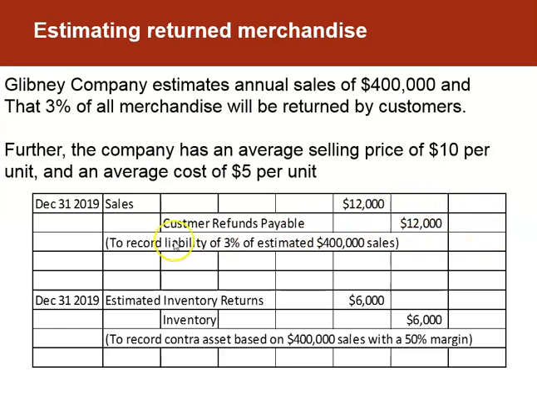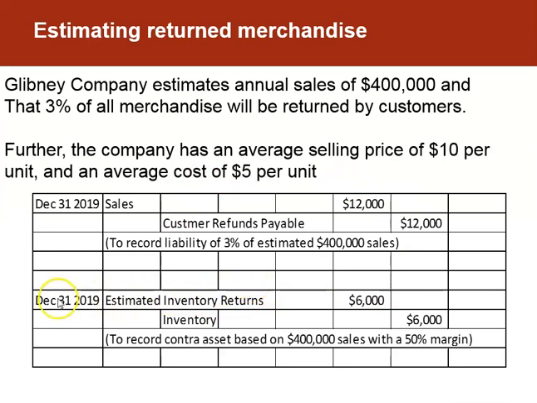That's our liability, and our explanation is to record liability of 3% of estimated $400,000 in sales. You know, so if our sales end up being $450,000 and 3.5% of the merchandise gets returned, well, this $12,000 estimate is not going to work out exactly, but that's okay. We're trying to be fair here. Remember, faithful representation, that concept we learned in chapter 1. This is a part of that.